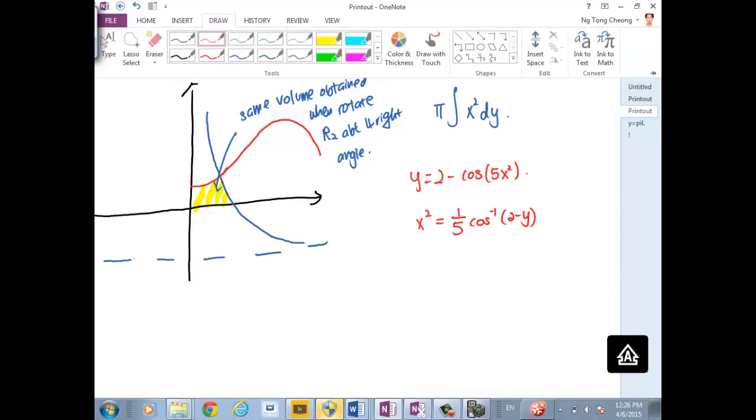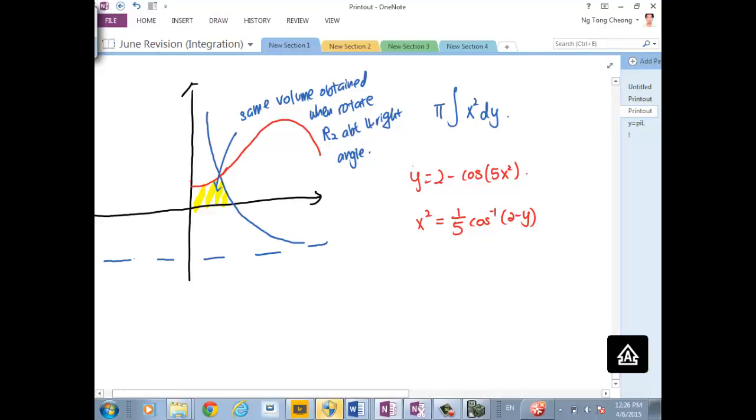Then for the blue color curve, which is this, if I rearrange everything, I'll get this. So I get the two equations already, in terms of x squared. So that's the first thing.